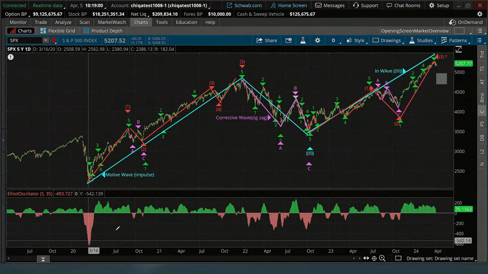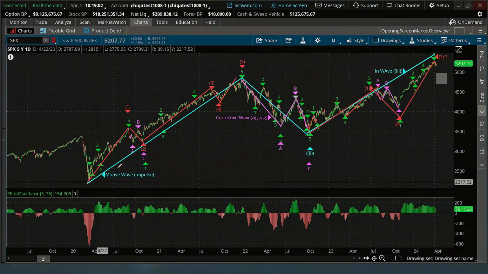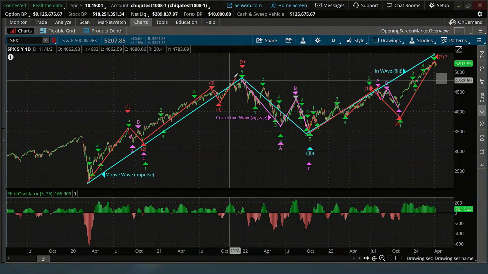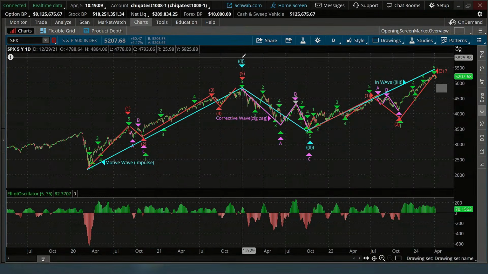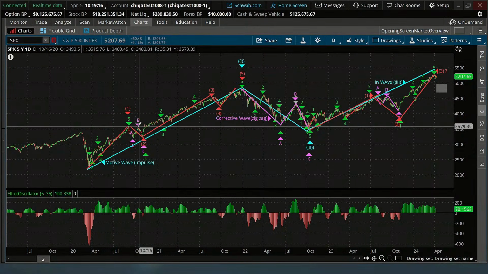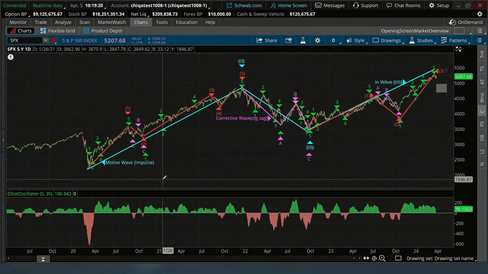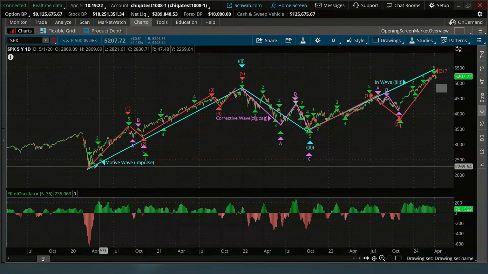Okay. Now, within the huge degree one wave, which I have labeled number one here, all right, it's a motive wave. So we can get a 5-wave sequence in there, which is the orange one. And you can see how the Elliott oscillator might help you try to time those, right?